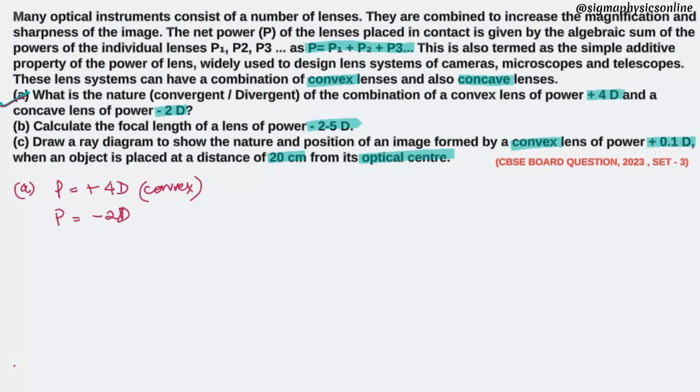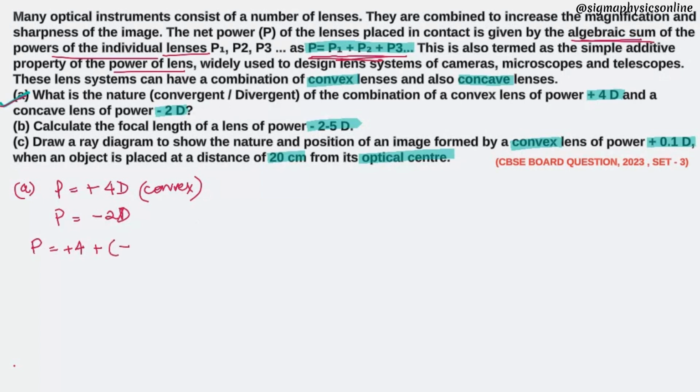Now here you see it's written that the net power of the lenses which are combined together is given by the algebraic sum. It's very important: algebraic sum of the power of the individual lenses. So we have to add them algebraically. So the net power will be plus 4 plus minus 2, because here it's given that P is P1 plus P2 plus P3.